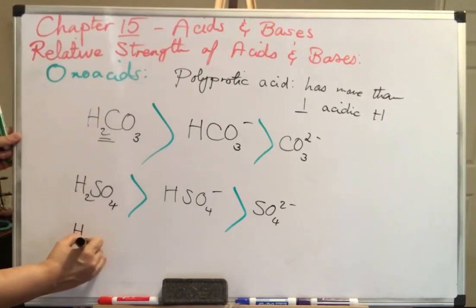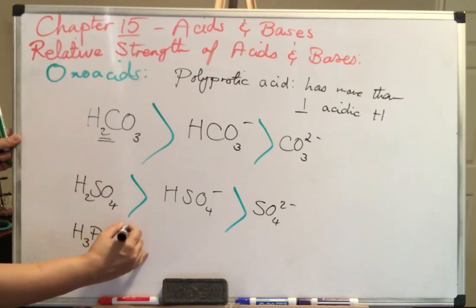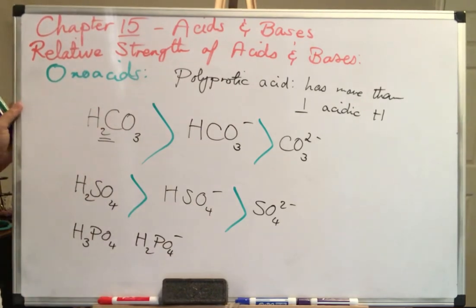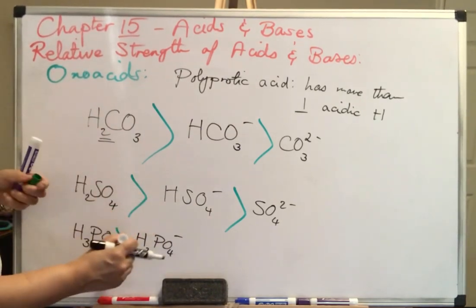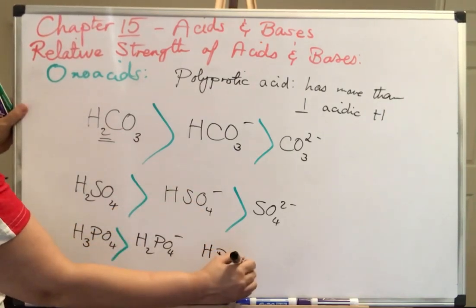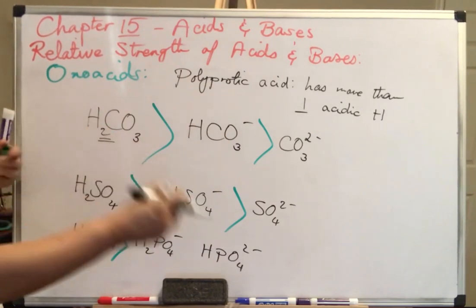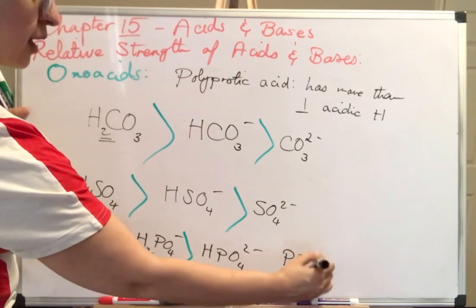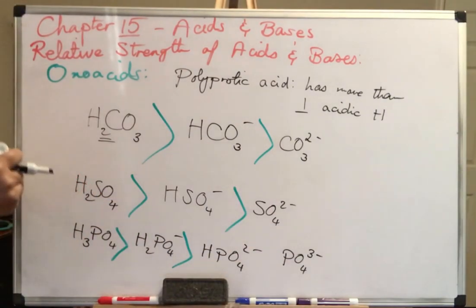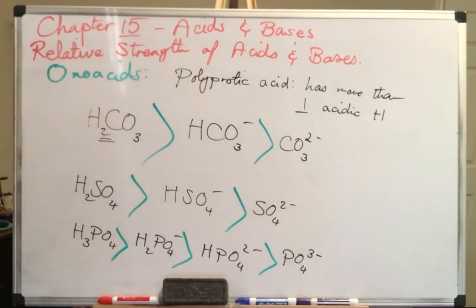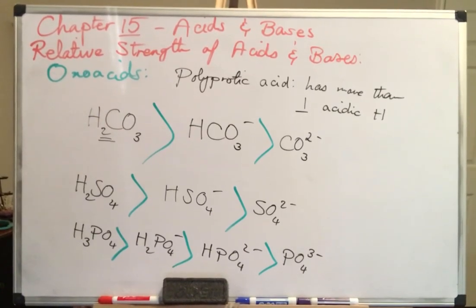Between H3PO4 and H2PO4 with the negative charge, the first one is stronger. If it keeps losing the hydrogens, HPO4 now with a -2 charge, it's even weaker again. And finally, you get all the energy from this acid by removing all of its hydrogens, so the anion is going to be even weaker because it has a maximum negative charge on it.